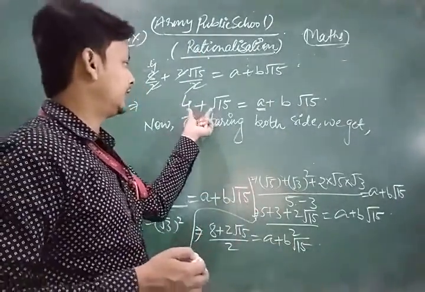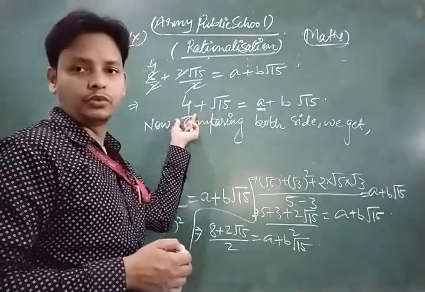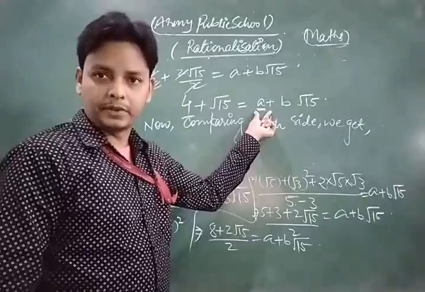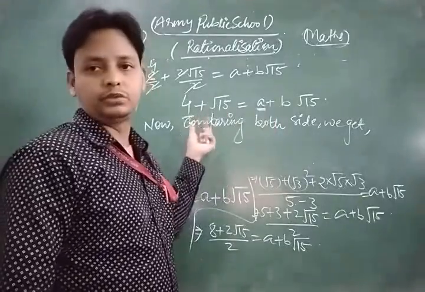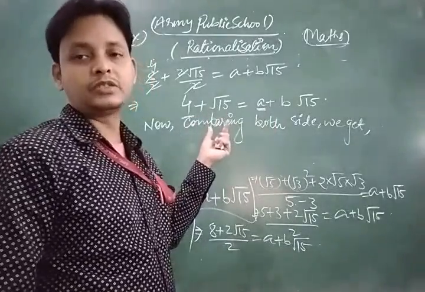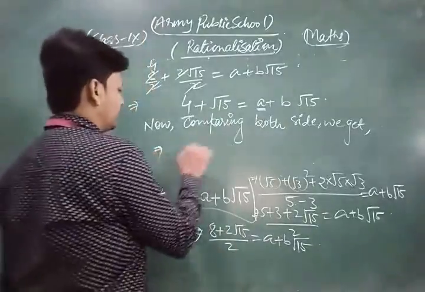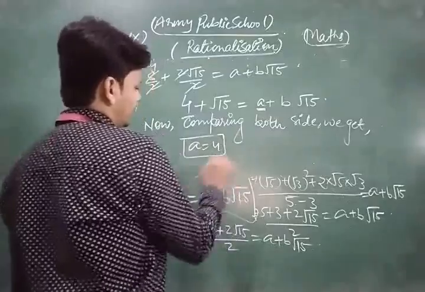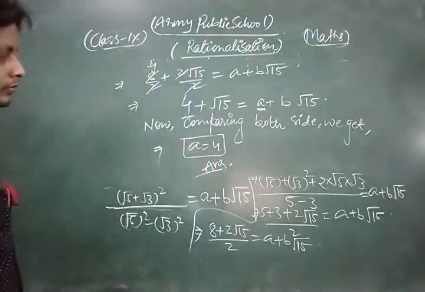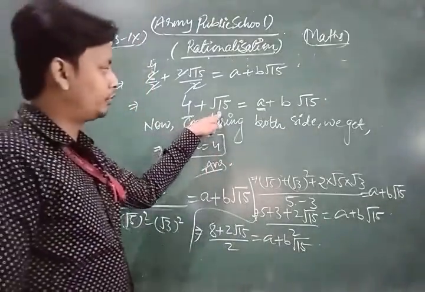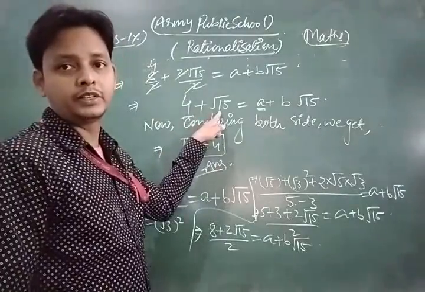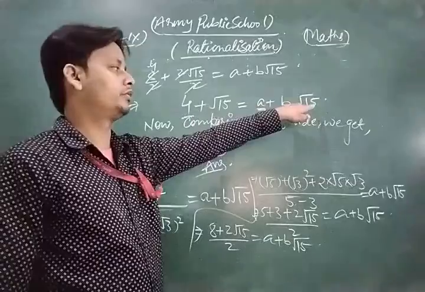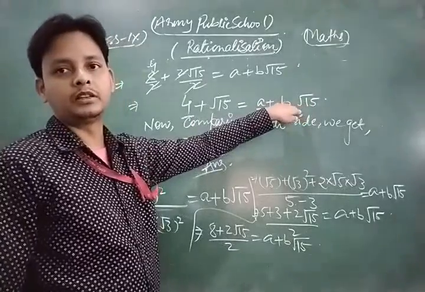On the left hand side the rational part is 4 and on the right hand side the rational part is a. So comparing them, a is equal to 4. This is the first answer. And now, the coefficient of the irrational part, root 15, on the left hand side is 1. What is the coefficient of root 15 on the right hand side?